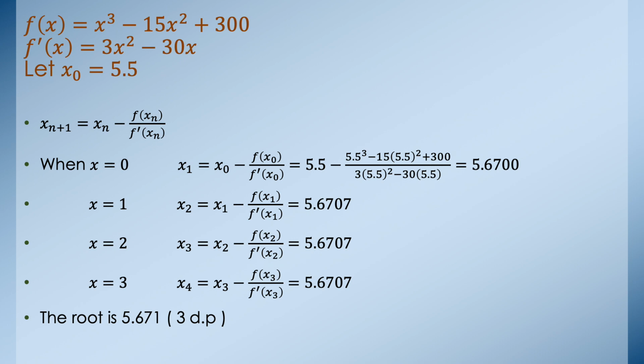We obtain x2 equal to 5.6707. We do the same process until we get x3 or x4 equal to 5.6707. So the answer of the root is 5.671 to 3 decimal places.